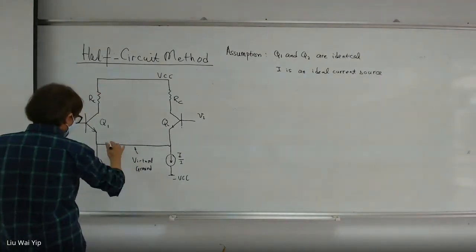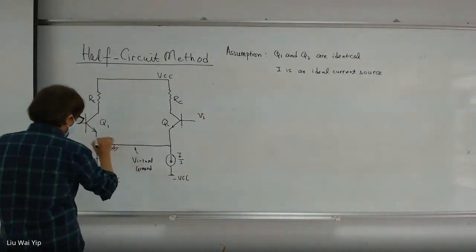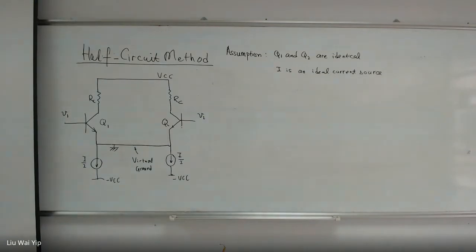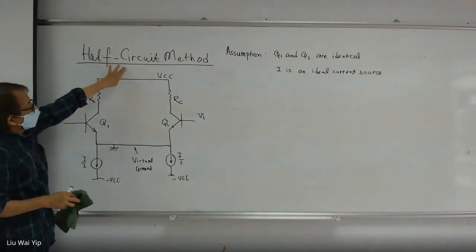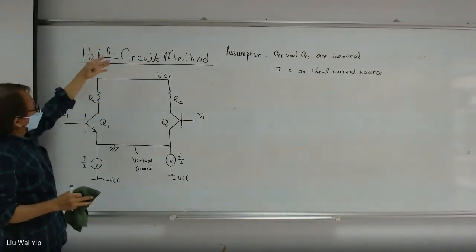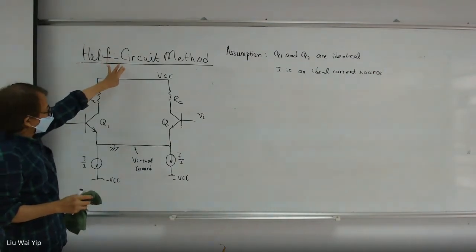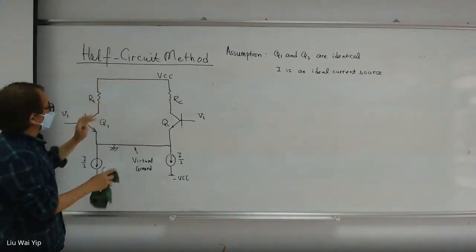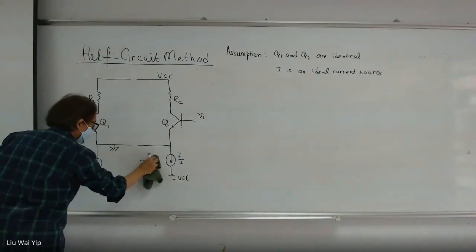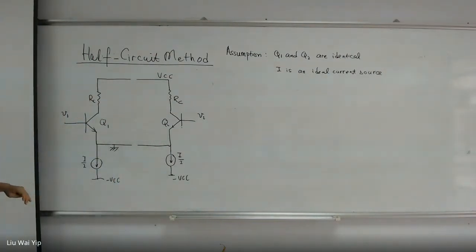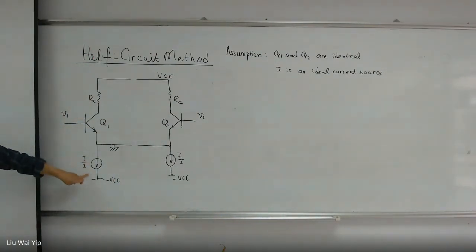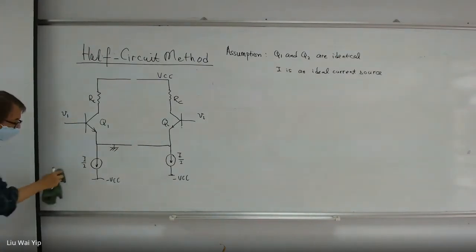So this one is treated as virtual ground. And now I have already told you, we are going to focus on the half circuit technique. This means these two circuits can be cut in half. And this one is considered as open circuit.